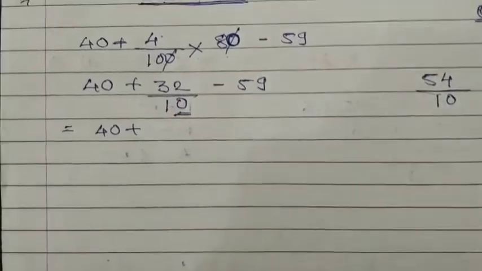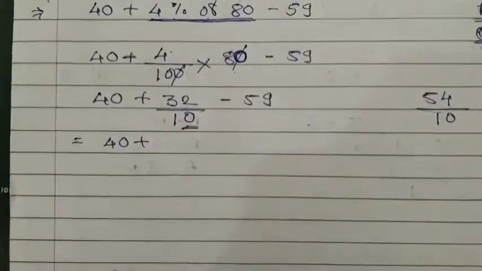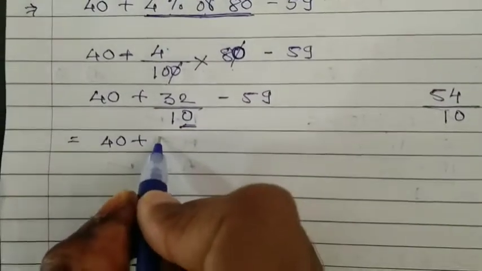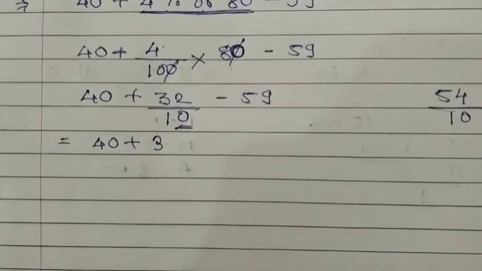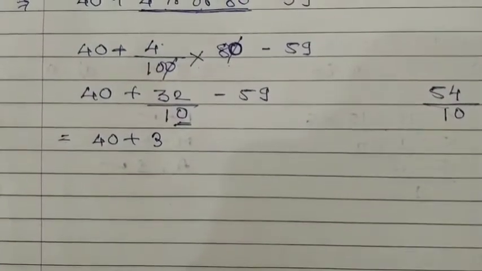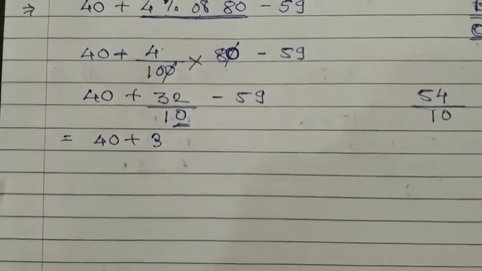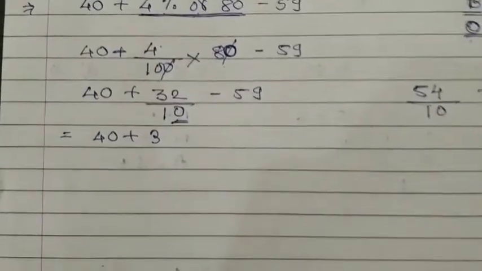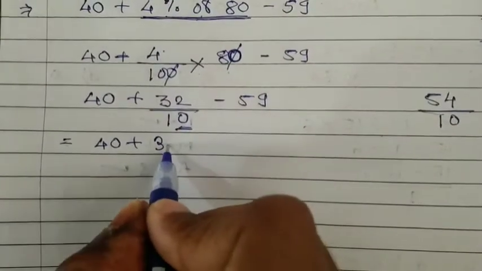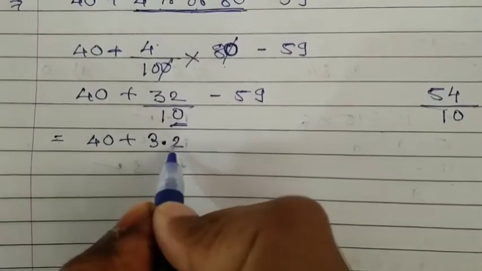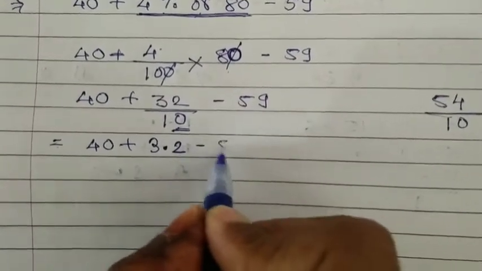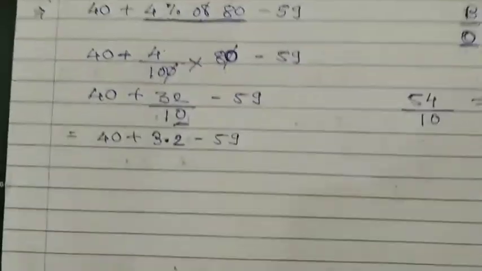When the 0 moves to the numerator side, we put a point before only one single digit. 3.2 minus 59.